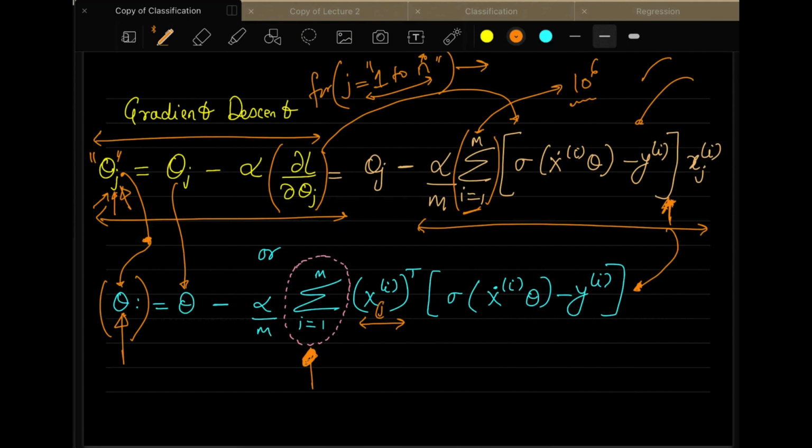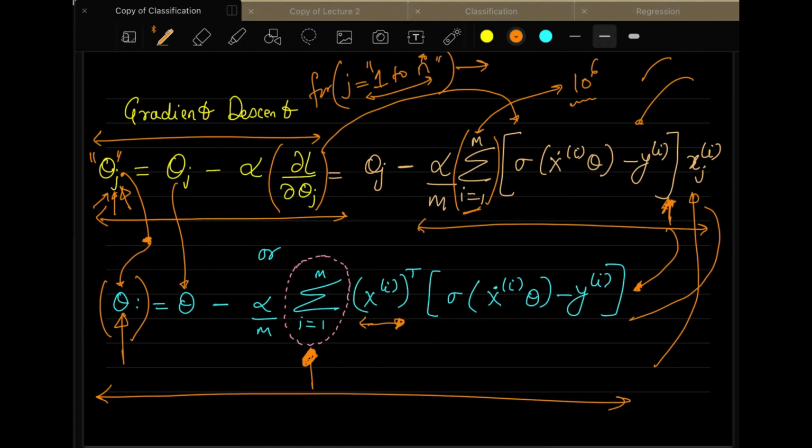Here there is no j, so I am taking into consideration all the feature vectors. So it is now x of i. This is again the same equation as this one, but written in a better way as compared to the earlier case. But now there is a problem.